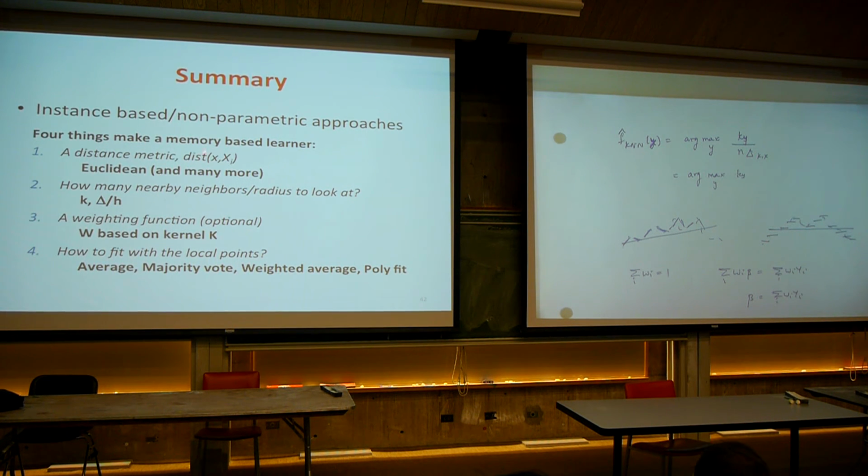Typically we use Euclidean, but you can use any other distance metric. There is a notion of how local you are, which is the number of nearest neighbors you choose, or the bin width, or the bandwidth that you choose. There's the weighting function, the kernel we talked about. And how do we fit the data points? Depending on whether we are doing density estimation, classification, or regression, we could be doing any of these things: majority vote, or averaging, whatever makes most sense. Weighted average, or polyfit.